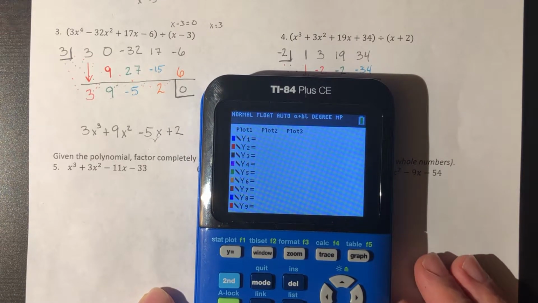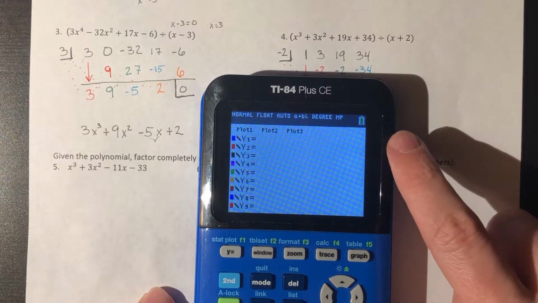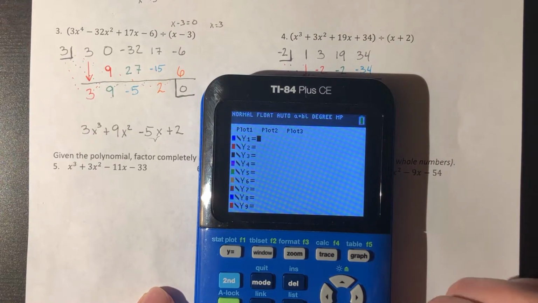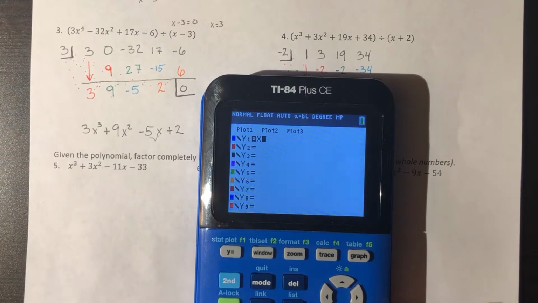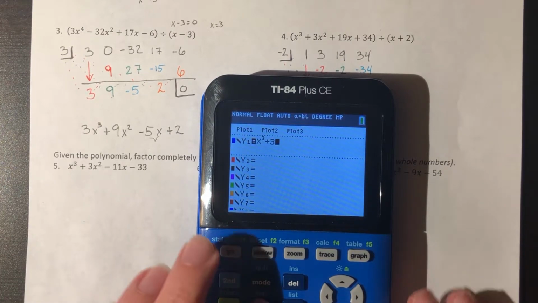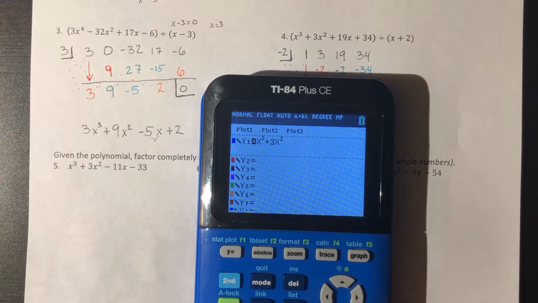That way you could use that factor to do synthetic division. So for number 5, you've got x cubed plus 3x squared minus 11x minus 33. So you need to graph that.